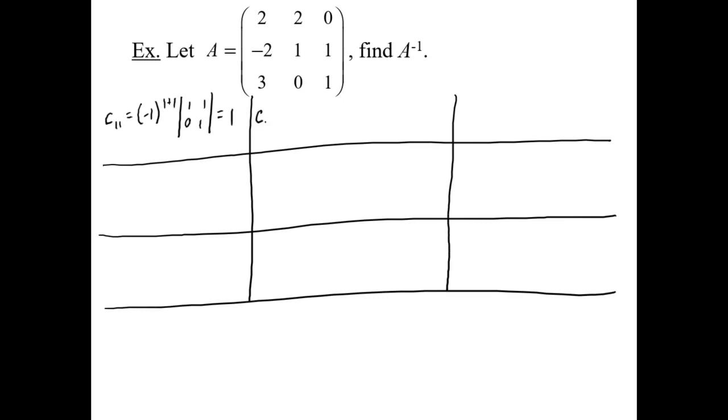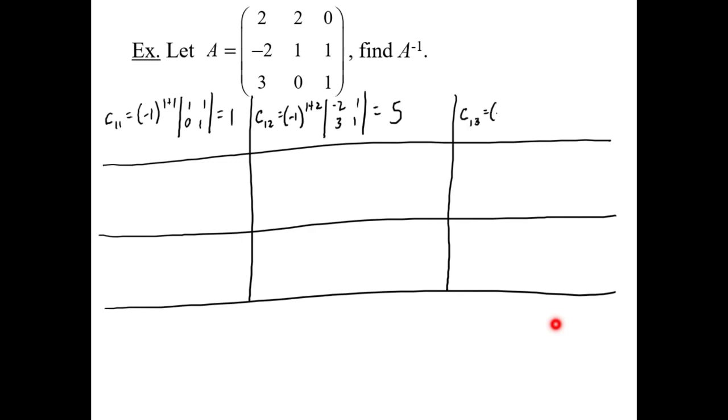C12 is going to be -1 to the 1 plus 2 power times the smaller matrix, remove row 1, remove column 2. The determinant of that is -2 minus 3, so -5, but the negative out in front makes that a +5.